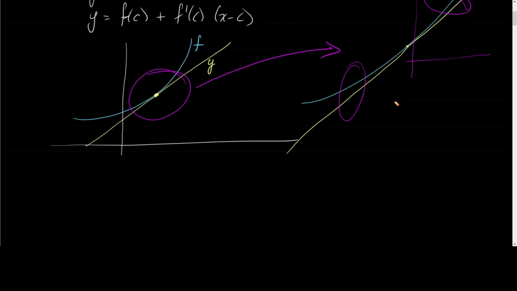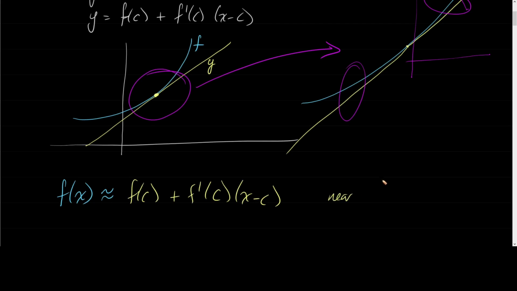All right. This leads us to the following statement: f of x is approximately equal to f of c plus f prime of c times x minus c, near the point c comma f of c.